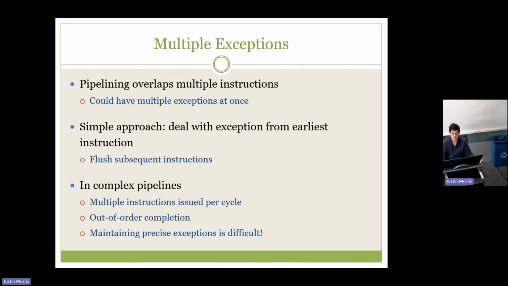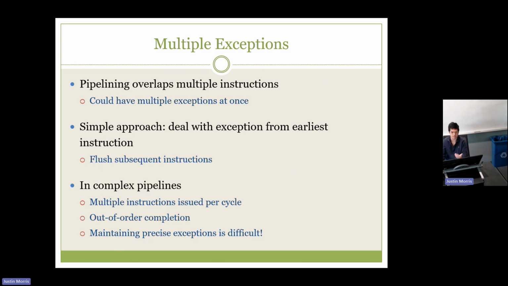So again, you can just deal with this simple approach. Just deal with one of them first, and then deal with the next one next time. But if you have out of order execution, then maintaining these precise exceptions is very difficult. Because now I have to keep track of when this instruction was actually supposed to finish.